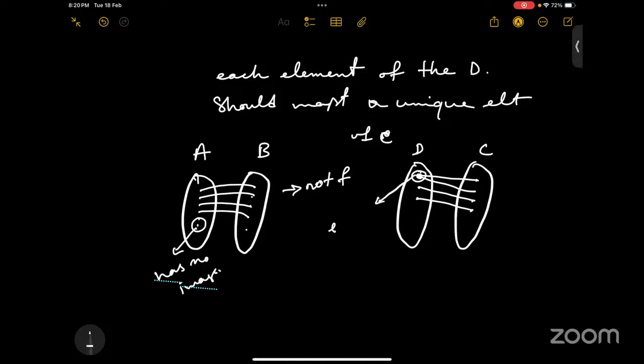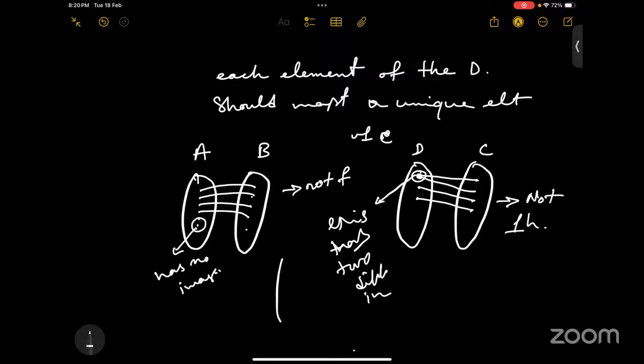This has two different images. So this is also not a function, right? But if I draw a picture like that, is this a function? Yes. This is a function, right?